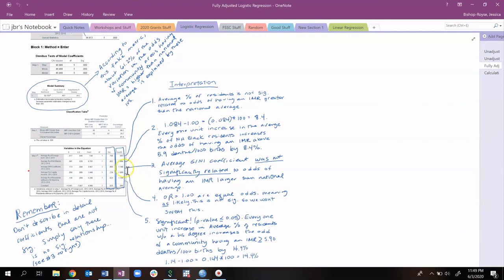Those variables were average percent of non-Hispanic blacks and the average percent of residents without a high school degree. And again, don't beat a dead horse here. Just say that percent foreign born, Gini coefficient, and per capita income were not significantly related to the odds of having an IMR greater than national average in the fully adjusted model.